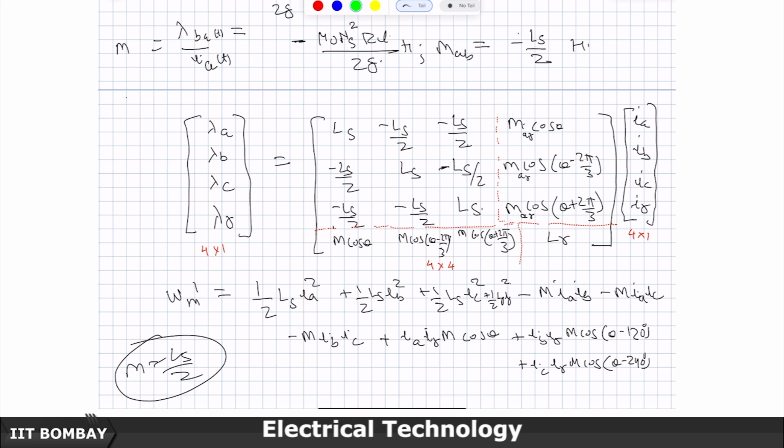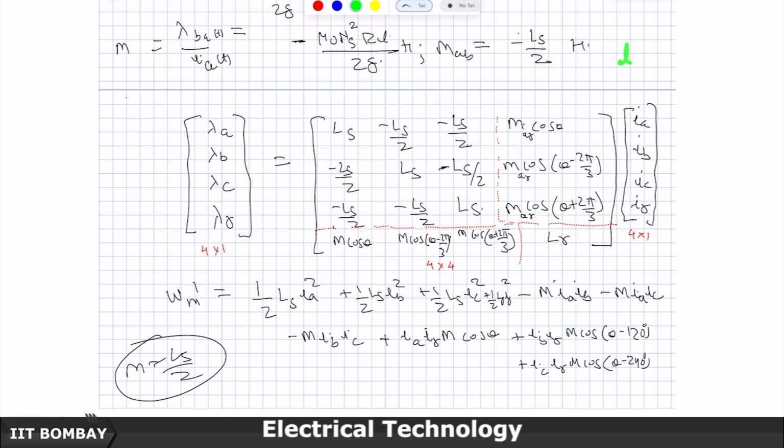Then I excite just the A phase current. When I excite just the A phase current, I am going to do this lambda A di kind of thing. Since IB, IC, IR are 0, only the self inductance term is created, which is half of Ls IA square.